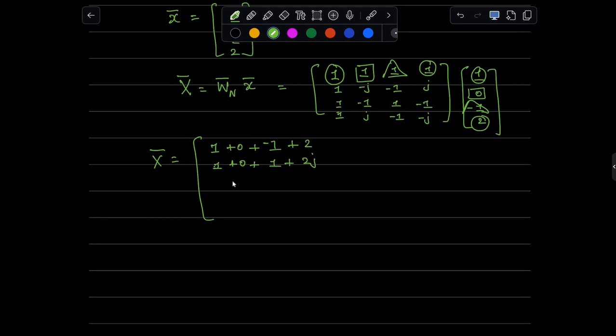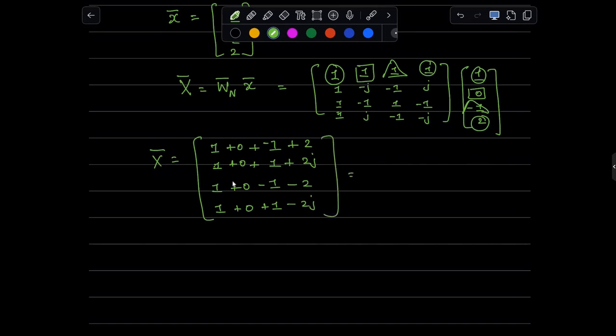Then the third one, it is 1 into 1 is 1, then 1 minus 1 into 0 is 0, 1 into minus 1 is minus 1, then minus 1 into 2 is minus 2. Okay, then 1 into 1 is 1, j into 0 is 0, minus 1 into minus 1 is plus 1, then minus j into 2 is minus 2j.